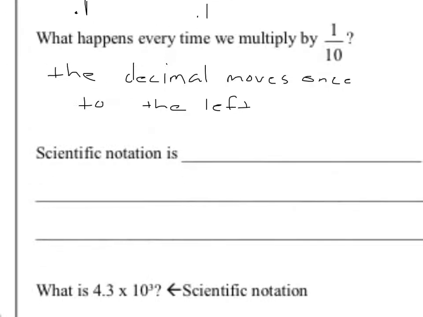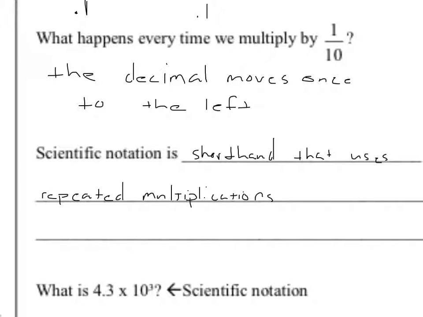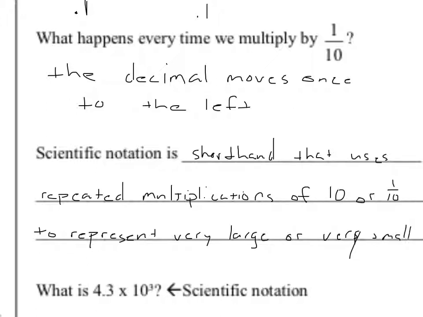So scientists came up with scientific notation, which is a shorthand that uses repeated multiplications of 10 or 1/10 to represent very large or very small values.